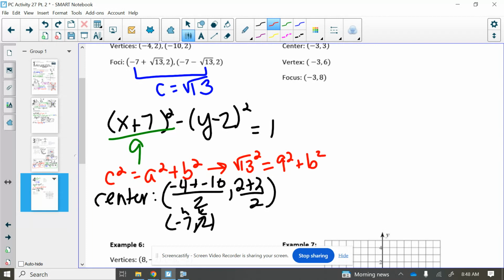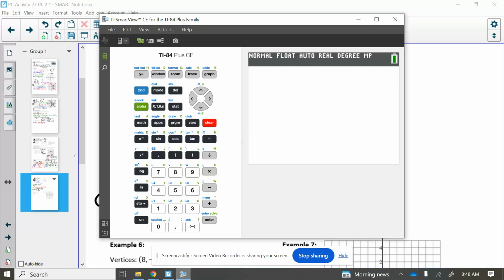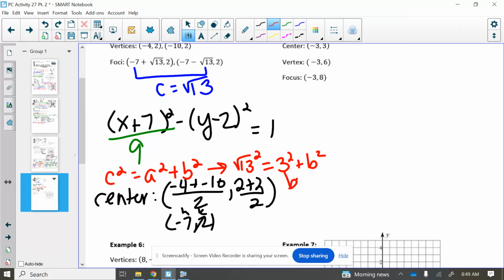We would need 3 squared, which is 9. So square root of 13 squared minus 3 squared to get b squared by itself. B squared then is going to be 4. B is 2, although we need b squared for the equation.